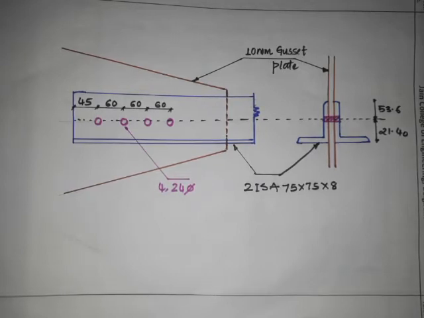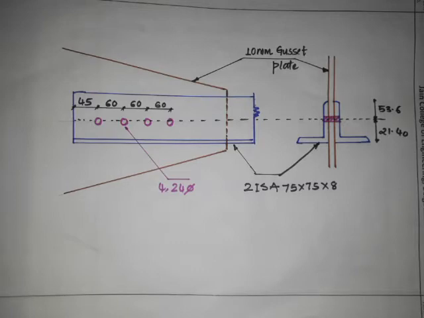In the last session we started with the design of the main tie. In the design of the main tie we got the maximum force as compression. So we started designing the member as a compression member and selected the area.